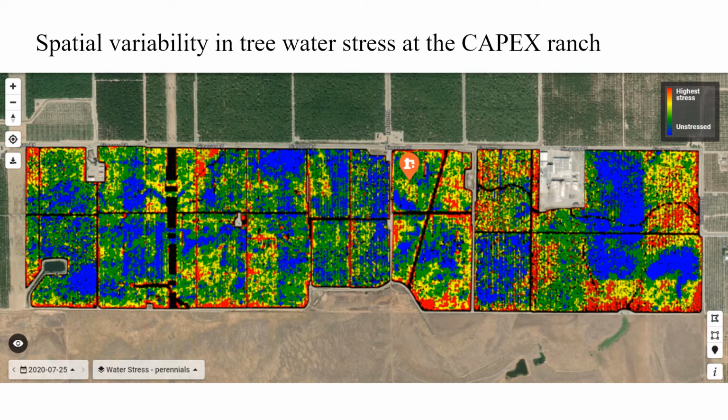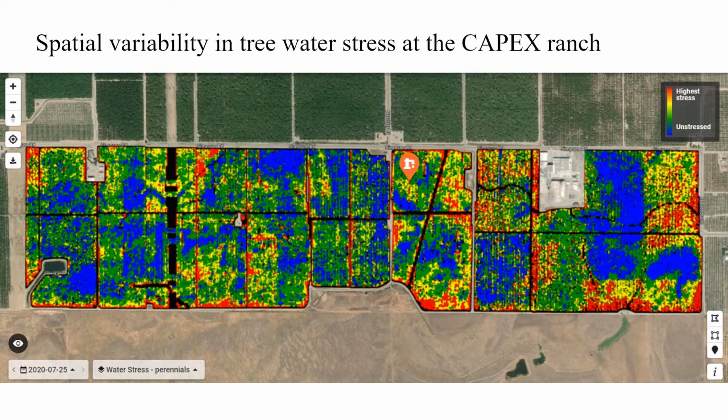This straight line here is not natural soil variability, but it's just an irrigation system or scheduling issue. But nevertheless, you see that you have these blues and red colors even within the same irrigation set or block, for example, here.